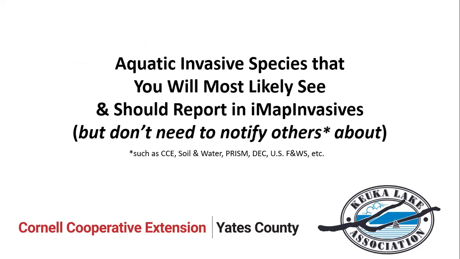And by others, I mean other water quality agencies or organizations, such as Cornell Cooperative Extension, Soil and Water Conservation Districts, PRISMs, which is the Partnership for Regional Invasive Species Management, DEC, or Fish and Wildlife Service. And I say that because these agencies are already aware that these species are widespread throughout most of the state and are probably already aware that they're in the water body that you're surveying. But we'll talk about that a little bit more.